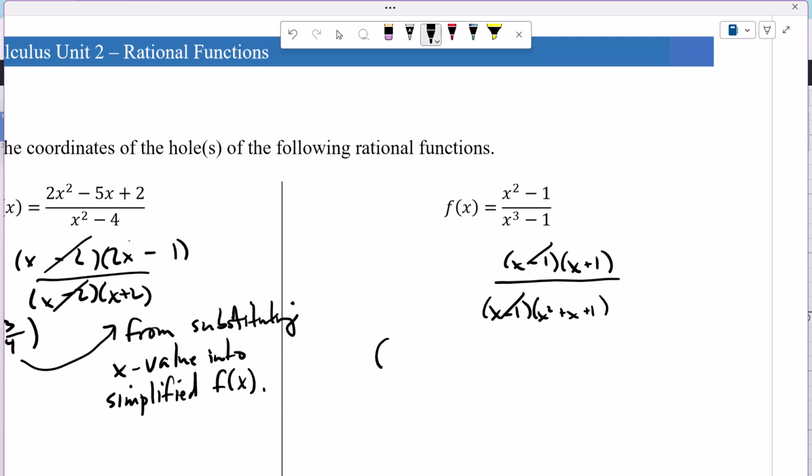We just found out there's a hole at 1 comma... Do you see the 2/3? No one sees that? Just plug it into the remaining portion. 2/3. That was a lot.